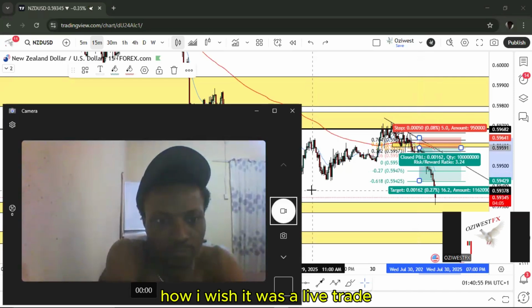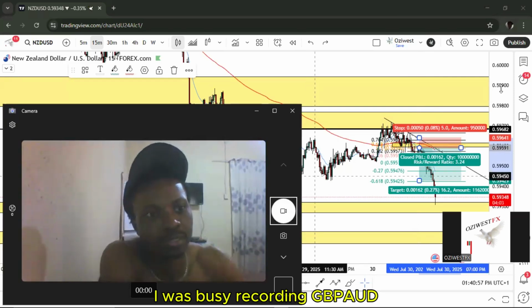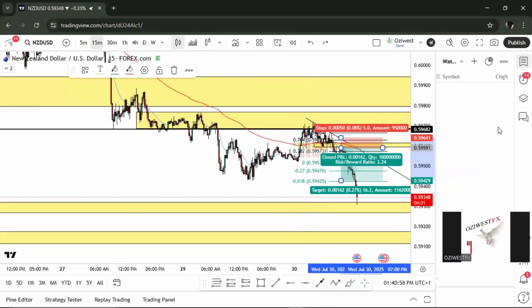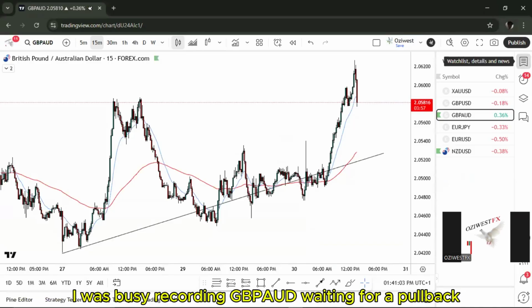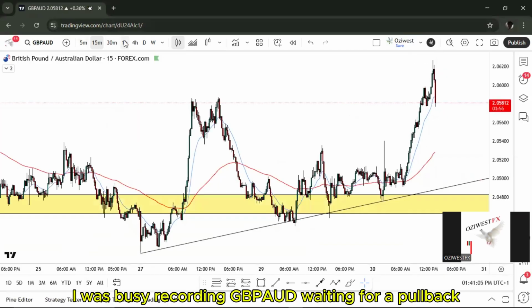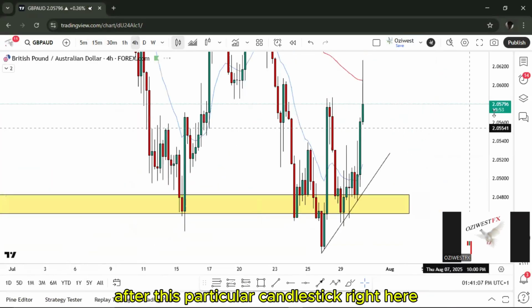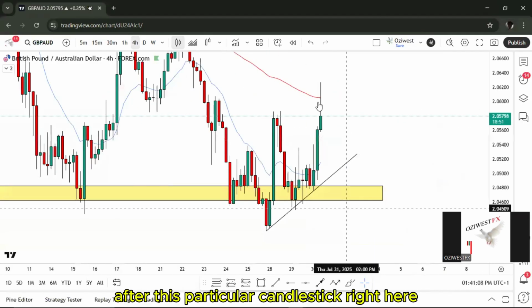I wish it was a live trade. I was busy recording GBP AUD, waiting for a pullback after this particular candlestick right here.